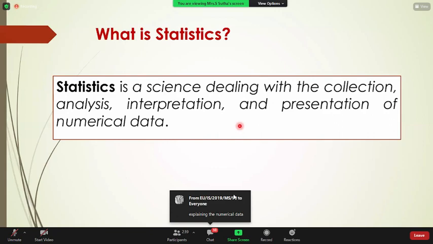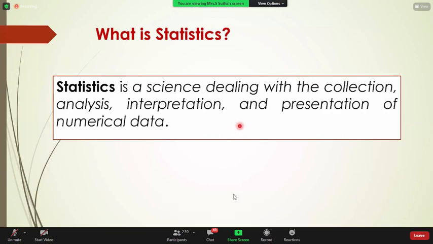Here, there are different views, right? In some subjects we are looking at the field, in some subjects at the numerical facts. Here we are looking at the field or discipline. Statistics is a science which deals with the collection, analysis, interpretation, and presentation of numerical data.